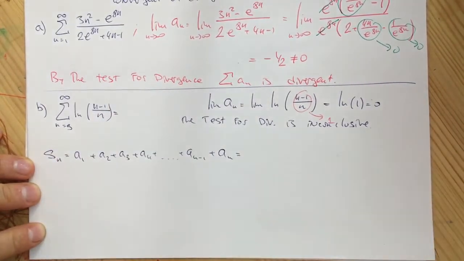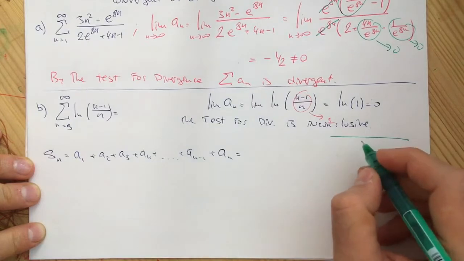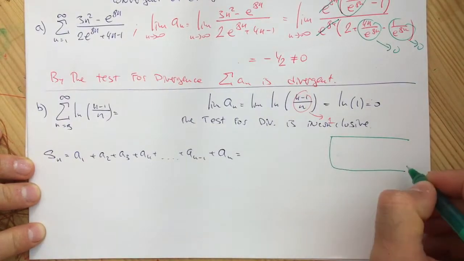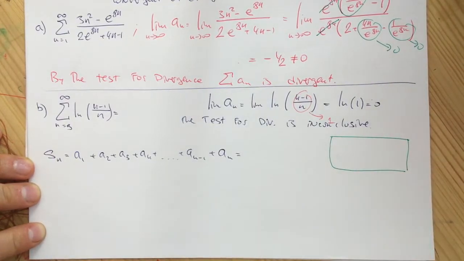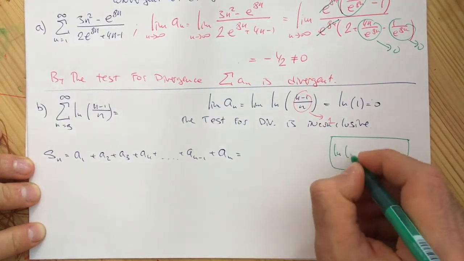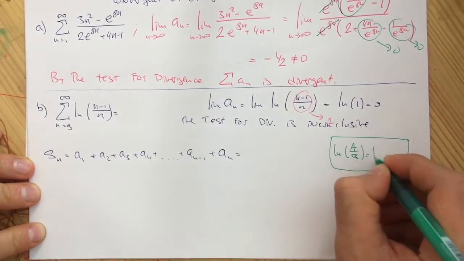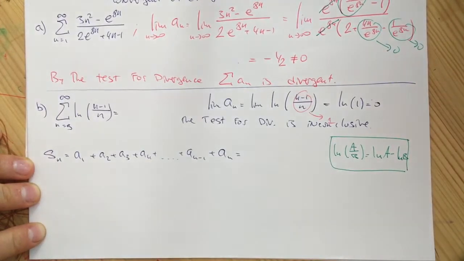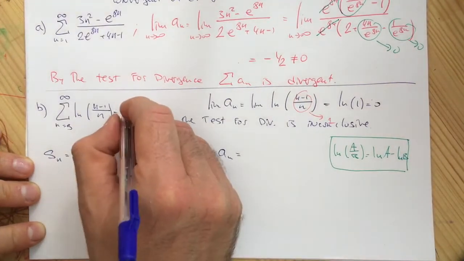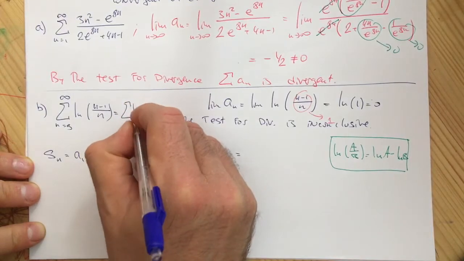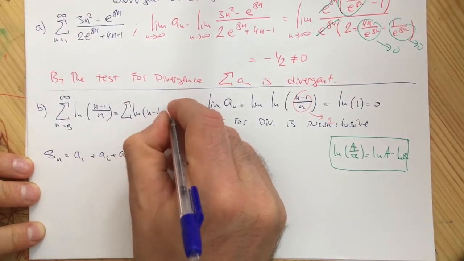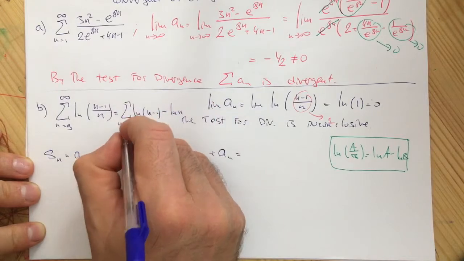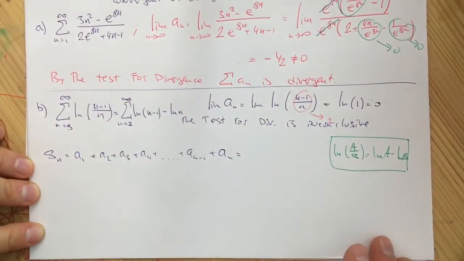And by properties of logarithms, ln of a over b is equal to ln of a minus ln of b. So that means that this is the sum of ln of (n minus 1) minus ln of n, and it starts from 3 and goes to infinity.